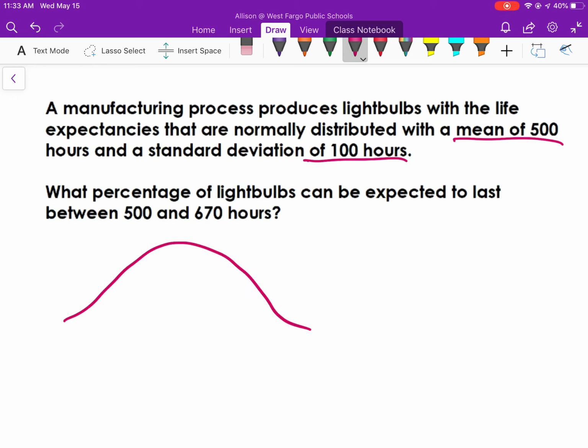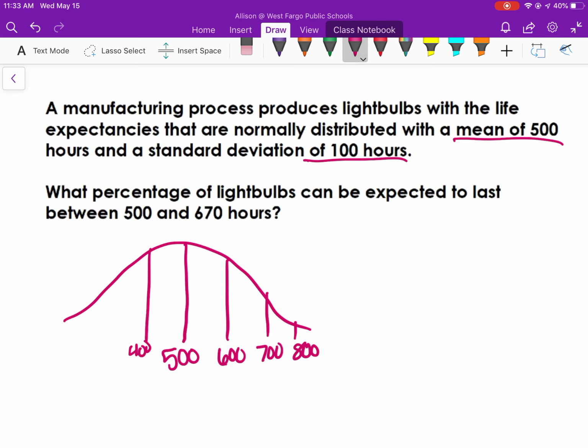So if I look at my normal curve, it'd go up by 600, 700, 800, and then down 400, 300, 200. And I want what percent of light bulbs can be expected to last between 500 and 670 hours. So between here, what can I expect to last there?